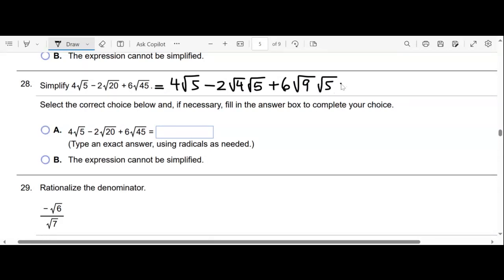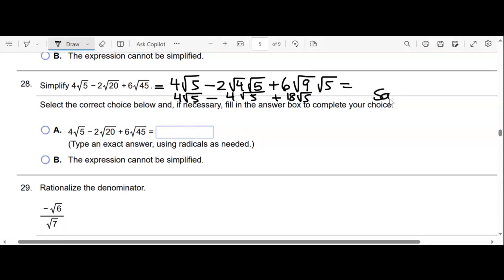Very good. Now this will give you 4 square root of 5 minus 2 times 2 square root of 5. Very good. Square root of 9, 3. 3 times 6, 18 square root of 5.